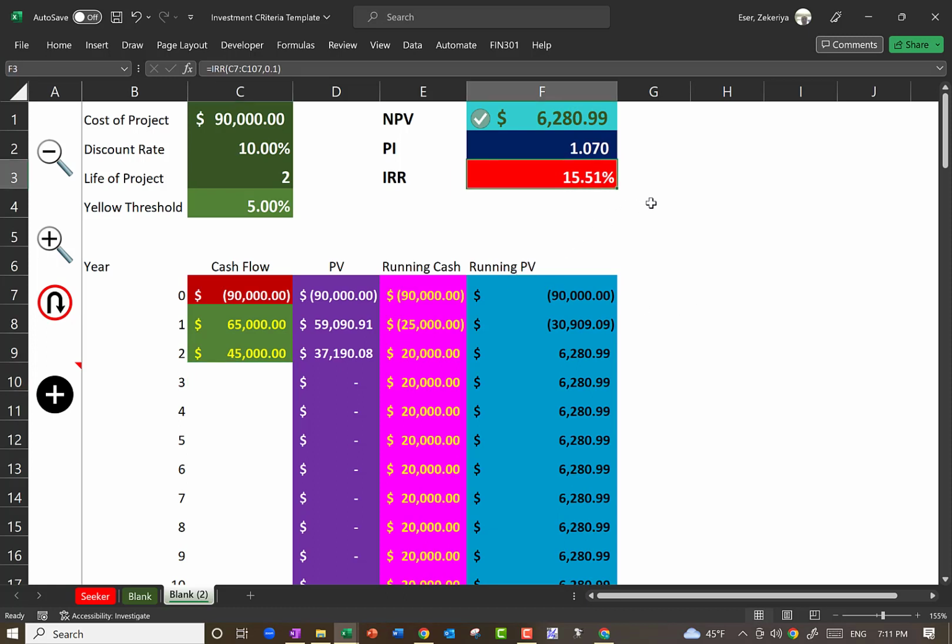What was the other one in terms of IRR? It was a little bit bigger. Anyway, we'll get back to it. This project has an NPV of about 6,300, IRR of 15.5. The other one was 30, 25.